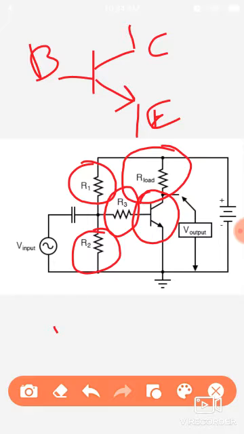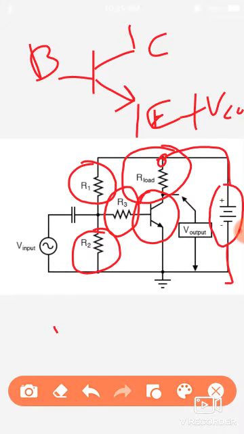To supply power to this circuit, here instead of a plus VCC voltage source, we take a power supply. The positive is connected to the collector of the transistor and the negative is grounded by the emitter.